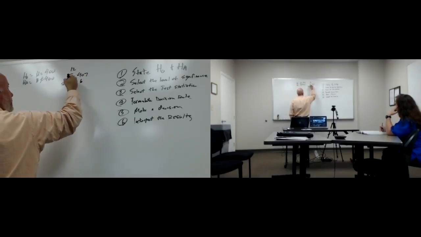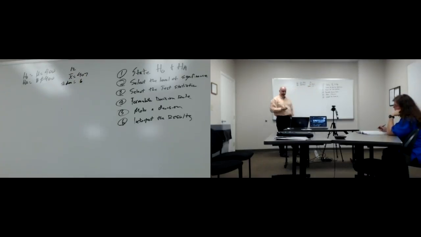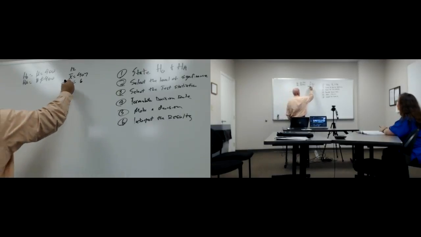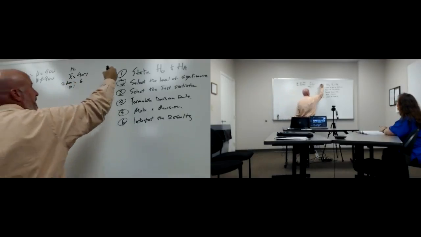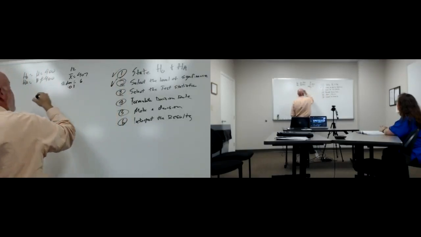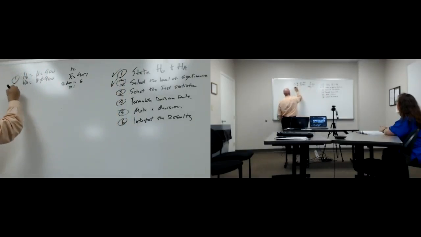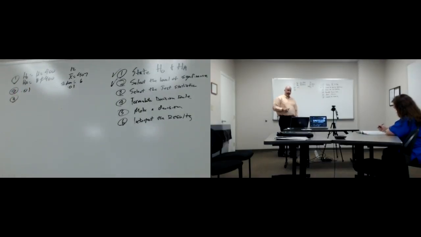And we're told to use the 0.01 significance level. All right, so we've done step 1, and step 2 is given to us. It's 0.01.